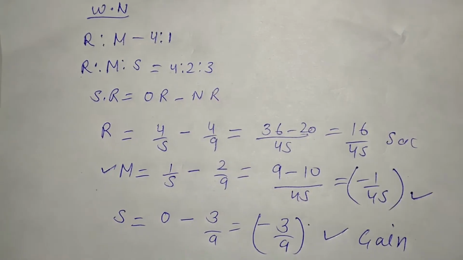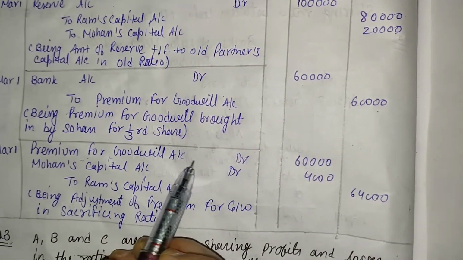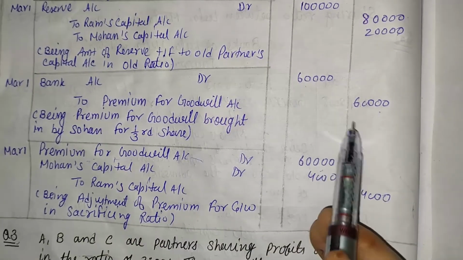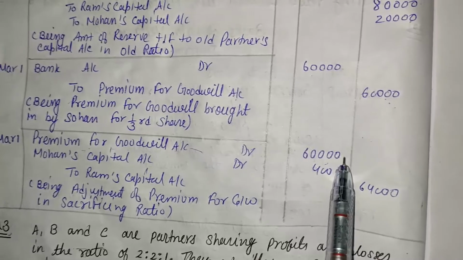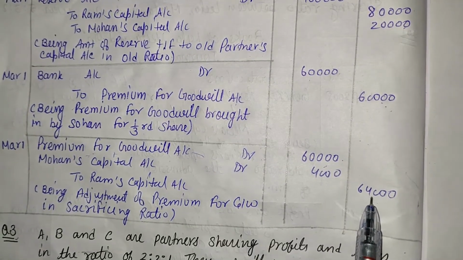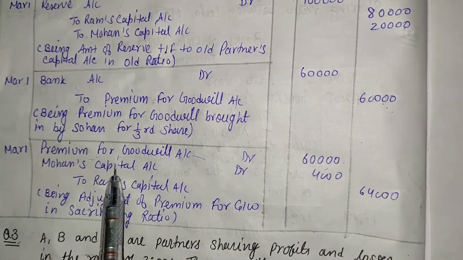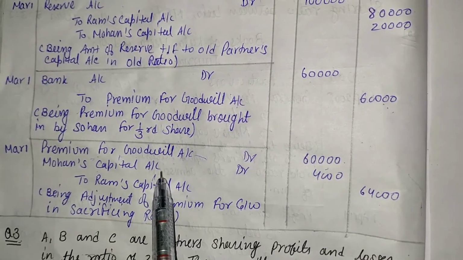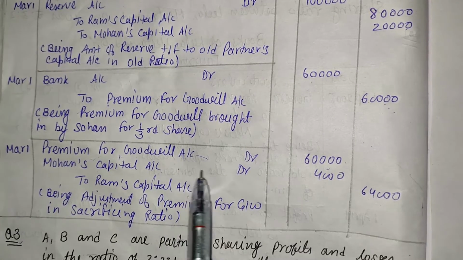So here two things are debited. First is the premium for goodwill account, debited by rupees 60,000, which is given in the question, and that 60,000 is taken by only Ram, because with the coming of the new partner Sohan, only Ram sacrifices. Why do we debit Mohan's account? Because Mohan is also in gain, and the gaining partner is debited.